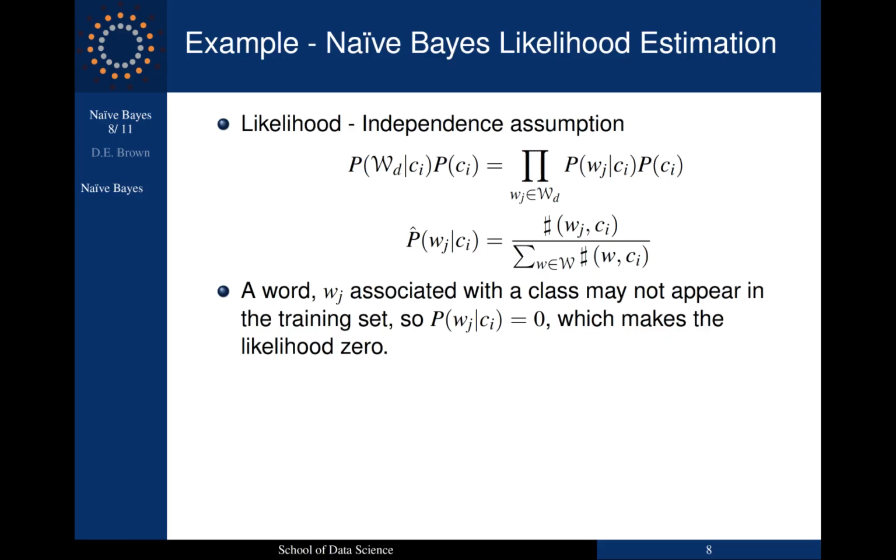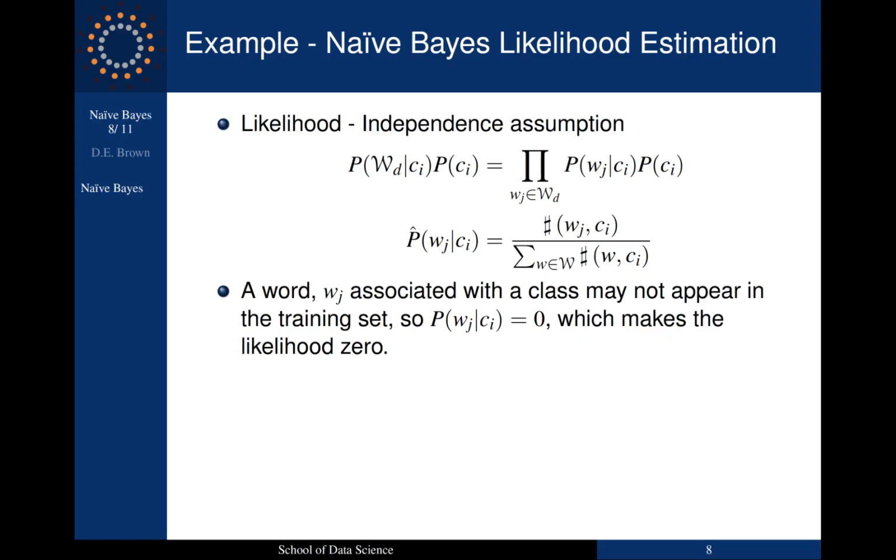A word WJ associated with a class may not appear in the training set. This is particularly important. For example, there could be an unusual word that people might use rarely, but it does occasionally appear. The problem is that if it doesn't appear in the training set, it's going to get a likelihood of 0, which is not something we want.